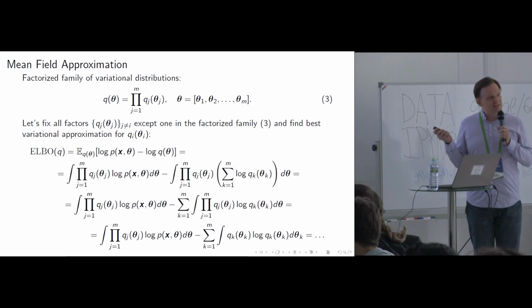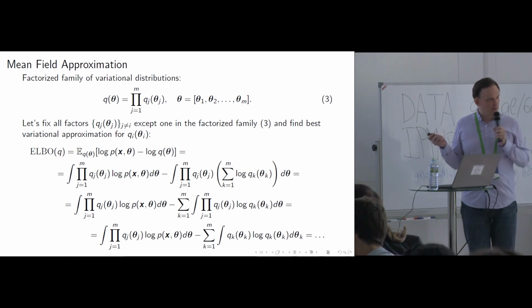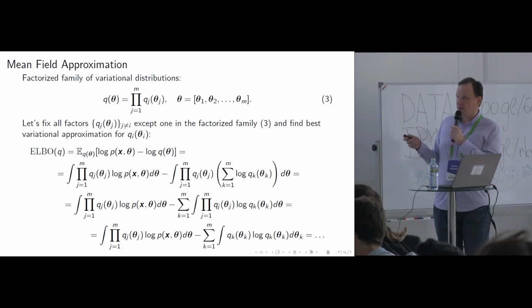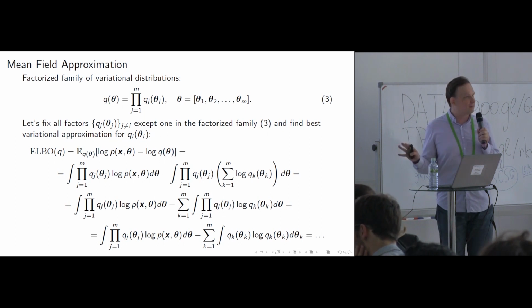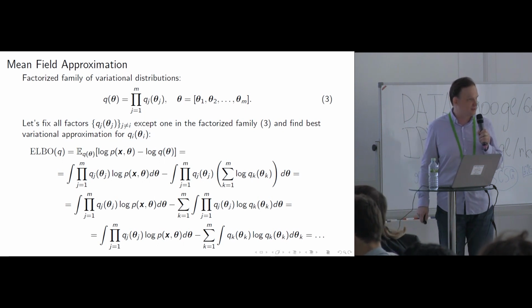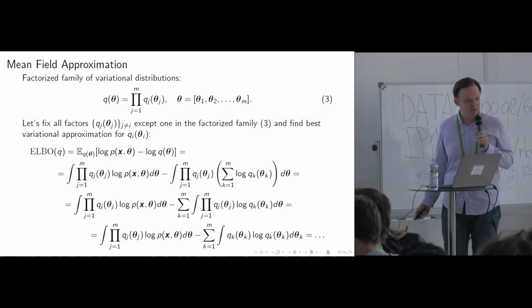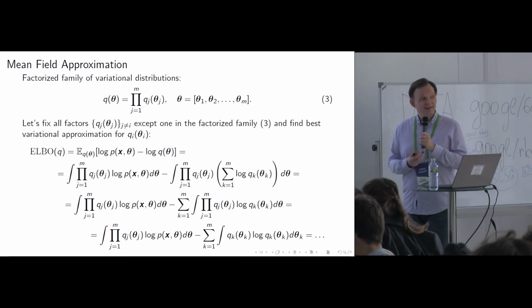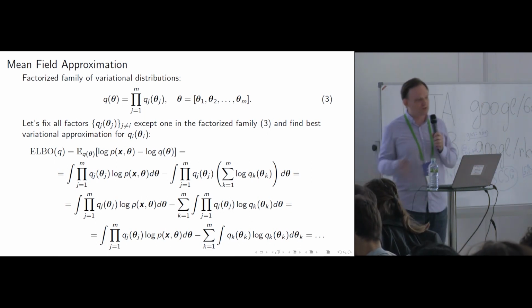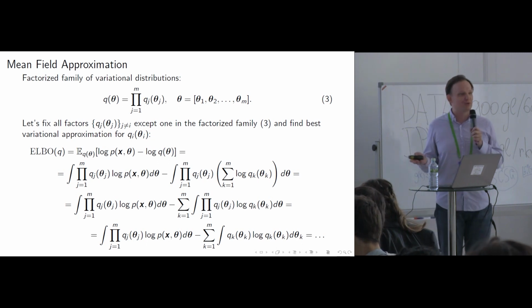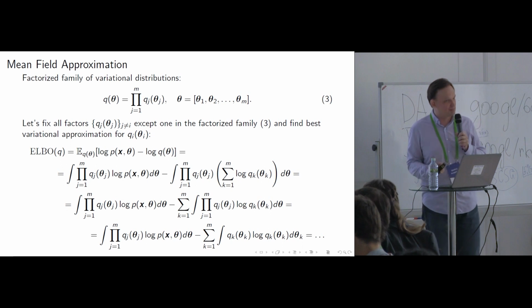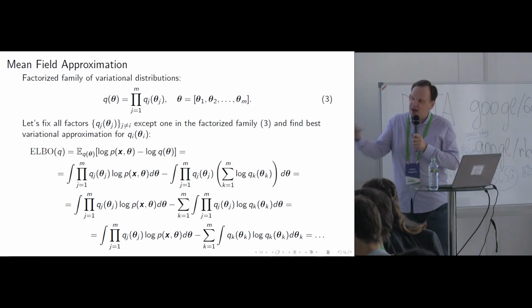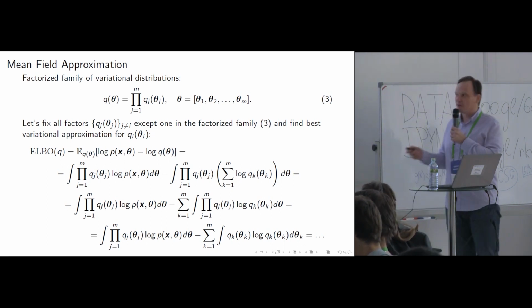Note that this is a variational optimization problem. Here we need to find a minimum of this criterion with respect to whole family, all possible family of probabilistic distribution. It's a variational optimization. That is why this family of algorithms is called variational inference, even in the cases when there is no variational optimization inside it. Because originally it has come from these ideas.